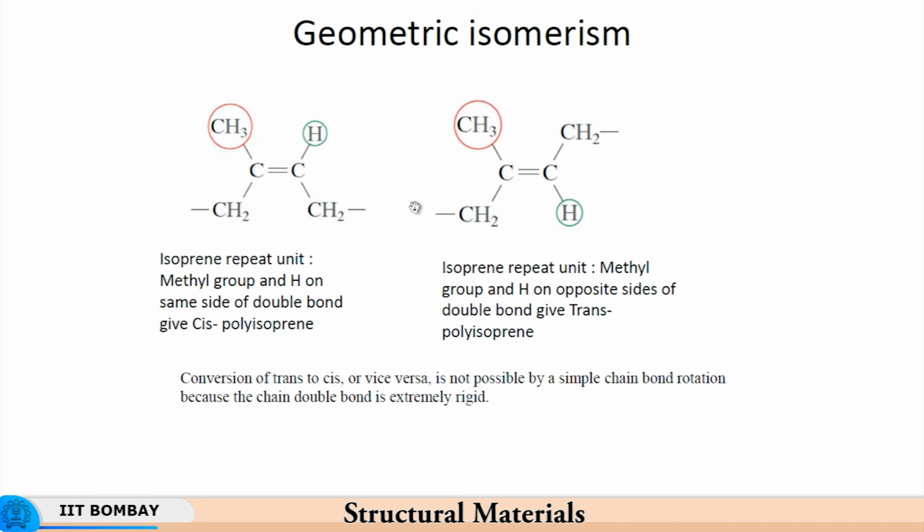So this will give trans polyisoprene, where CH3 and H are on the opposite sides, whereas here it is cis polyisoprene, where the two are on the same side.